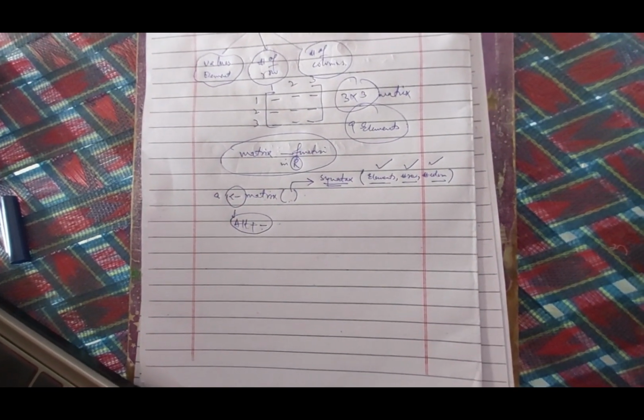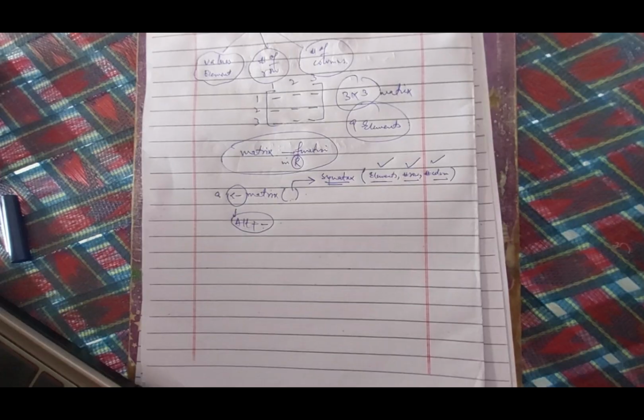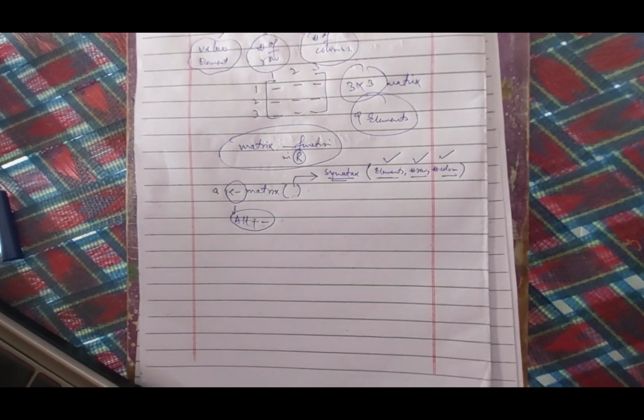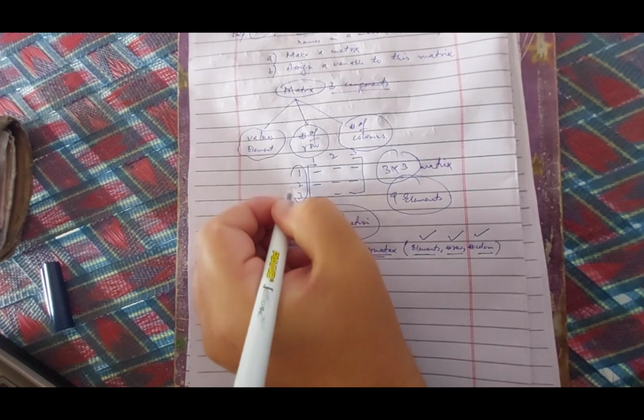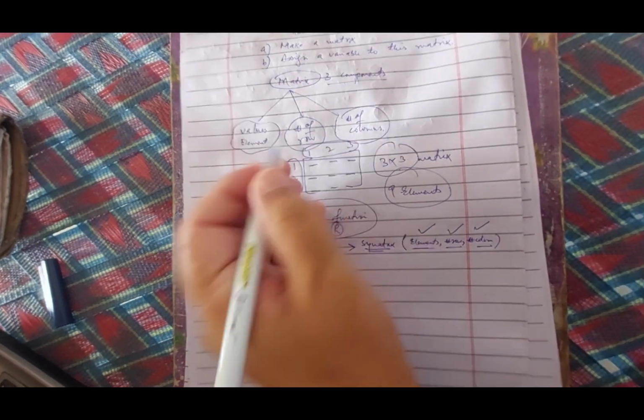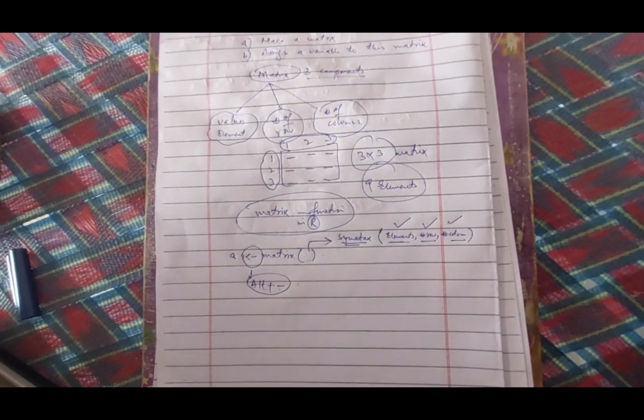Then after this we need to give the dimension names. These are the dimensions, the number of rows and columns.